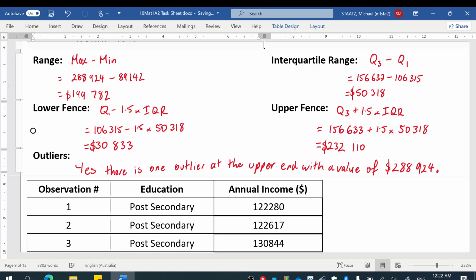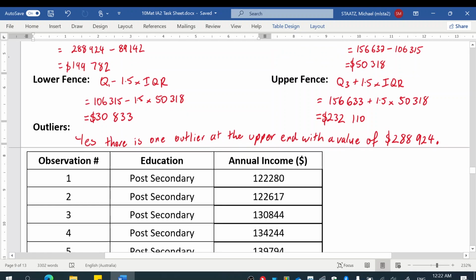So I know that's not the neatest writing, but let's just reread it. Yes, there is one outlier at the upper end with a value of 288,924. So that's what we should write there.